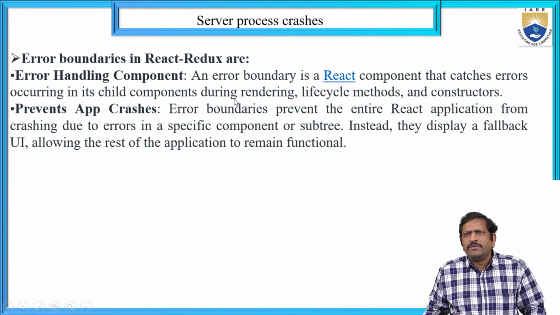These error boundaries prevent the entire React application at the server side from crashing due to an error in a specific component or client subtree. Instead of that, we can display a feedback user interface. By displaying the feedback interface, we can identify the errors at the interface level, allowing the rest of the application to maintain its functions.